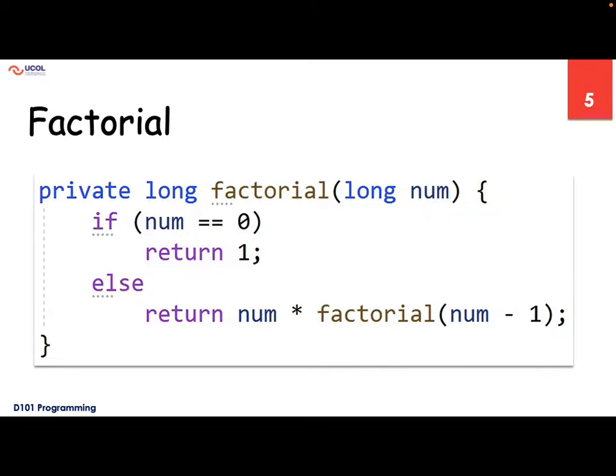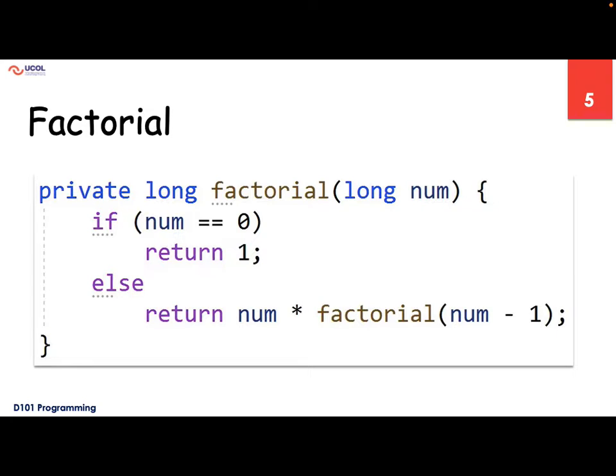If we have given 10, next time it will call with 9, next time with 8, 7, 6, 5, 4, 3, 2, 1, and then it will call with 0. Once it calls with 0, this specific condition is true, and now it will not make a recursive call, it will return the value.